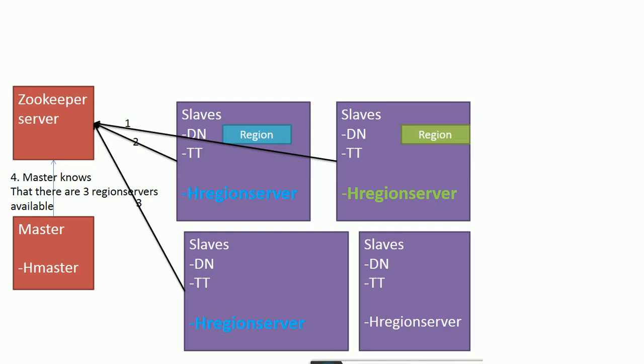Okay, and these regions are handled by HRegion servers. HMaster has the responsibility to allocate the regions to a particular region server. So when HMaster is aware of how many region servers there are, it will equally share the load of the regions among the region servers.